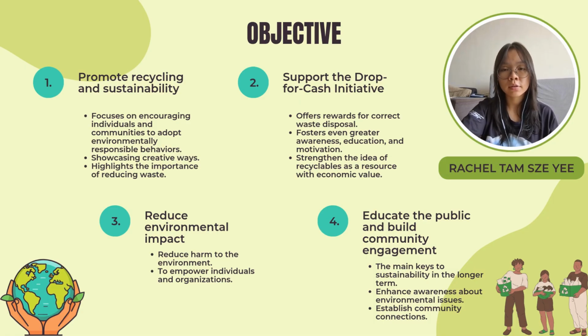Our fourth objective is to educate the public and build community engagement. Education and community engagement is essential for effective and sustainable actions. This particular goal focuses on providing public education regarding environmental issues through workshops, events, and experiences.